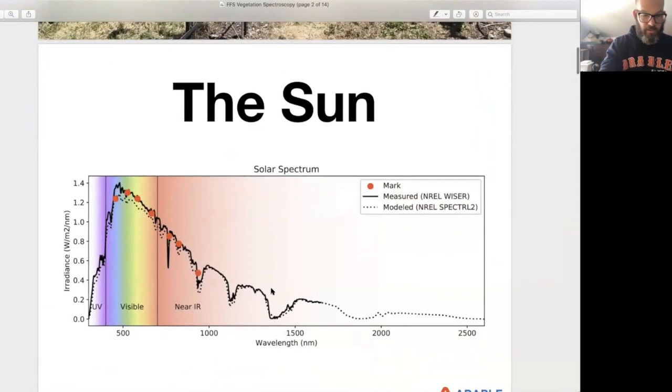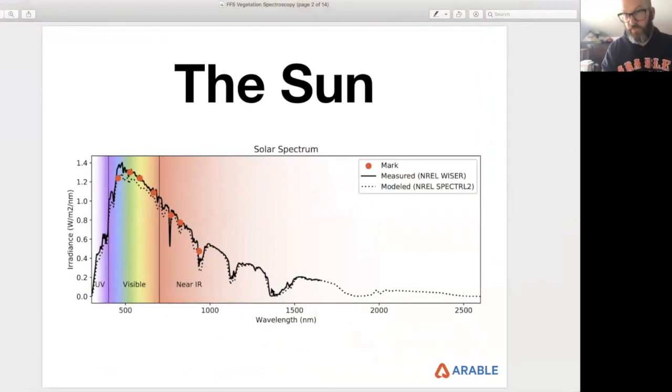So one of the things to get our head around thinking about spectroscopy is what does the solar spectrum look like? And we're actually making use of these measured and modeled observations of the solar spectrum coming from NREL, the National Renewable Energy Lab.